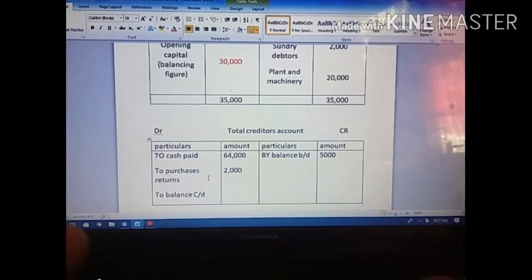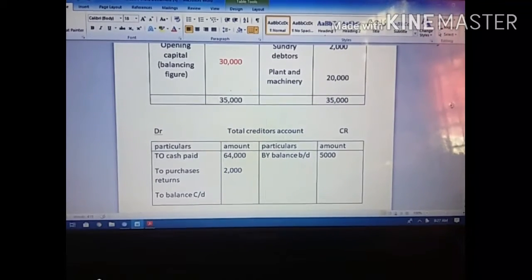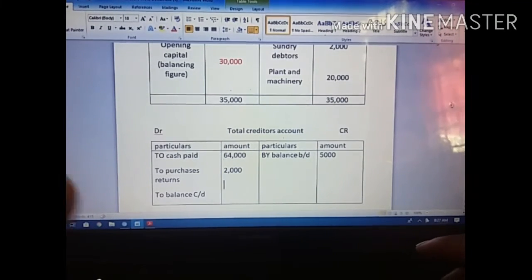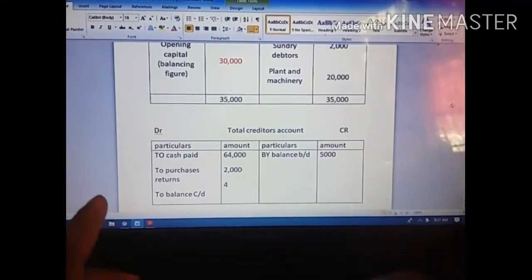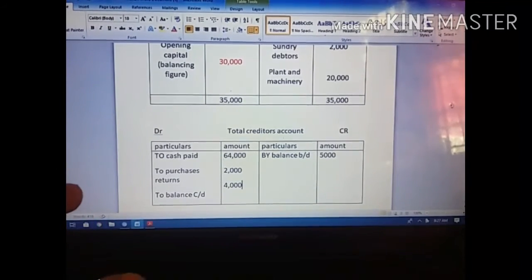Then cash paid to creditor is there, purchase return is there. So based on the available information I have to open a total creditors account, to find out the credit purchase. So how much? 4000. So I have entered all the amounts.